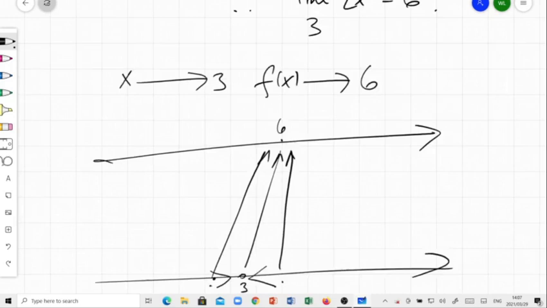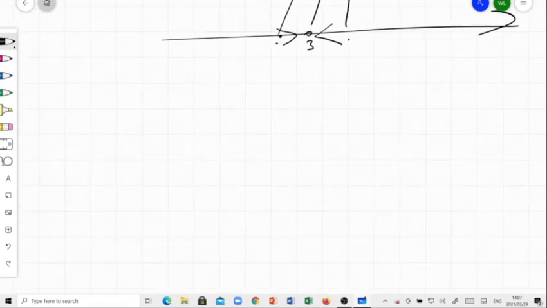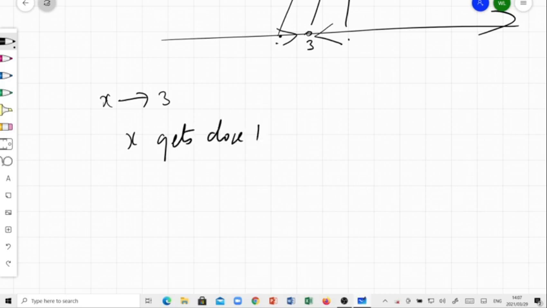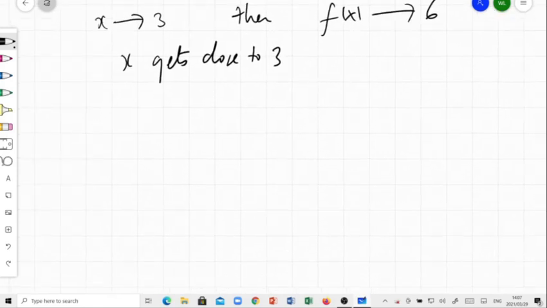Now at university, we are going to strengthen this idea of x getting close to 3. Remember, in high school it was: as x gets close to 3, then f of x will start to get close to 6.